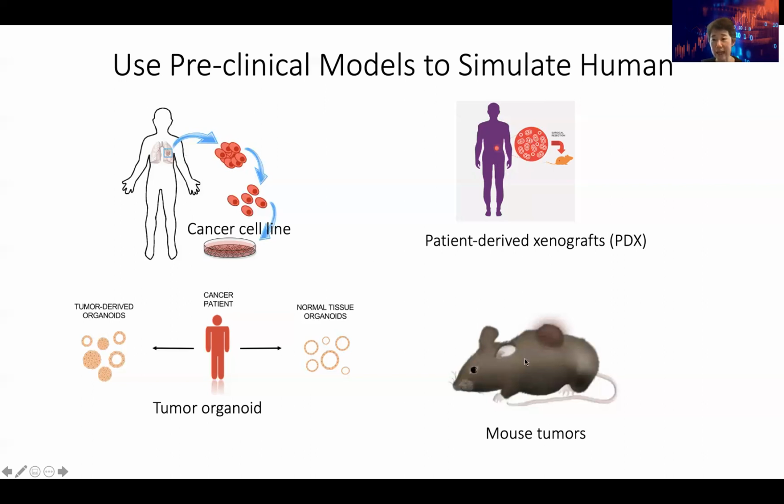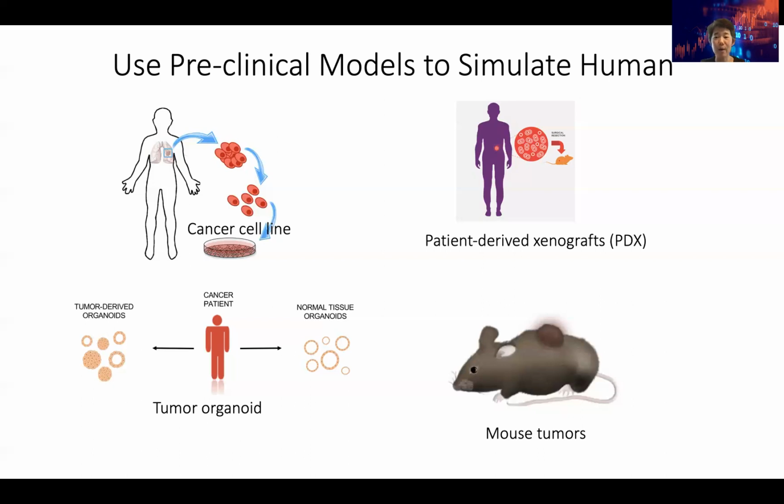Also there are genetically engineered mouse tumors. For example, scientists can create mutations, either using a carcinogen or by specifically creating a mutation in a gene, and then this tumor will evolve. And once this tumor is there, you can take it out and plant it in new mice, and they will also grow tumors carrying this mutation.